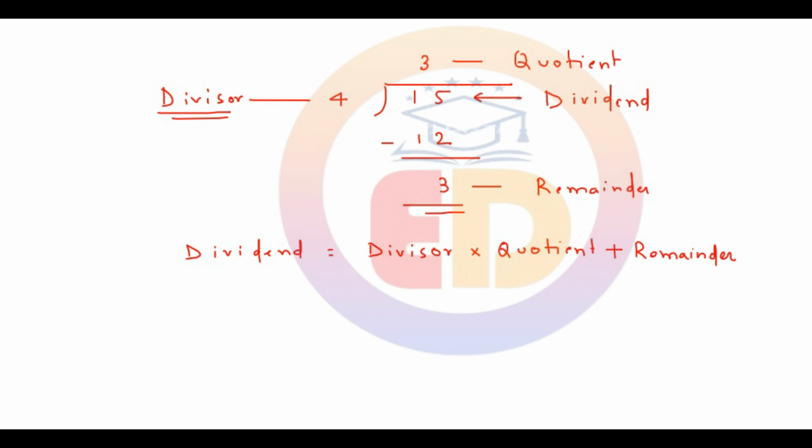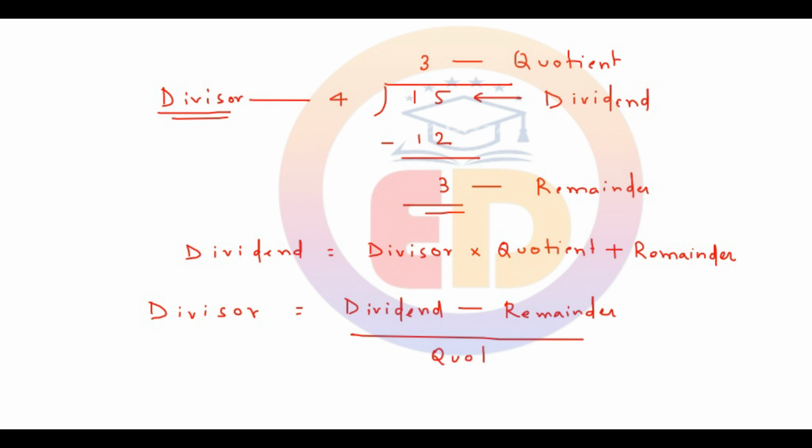And if I want to find out divisor, the formula of divisor will be dividend minus remainder upon quotient. In this question, we have to find out the divisor, so we use the formula dividend minus remainder upon quotient. Let's go back to the question.